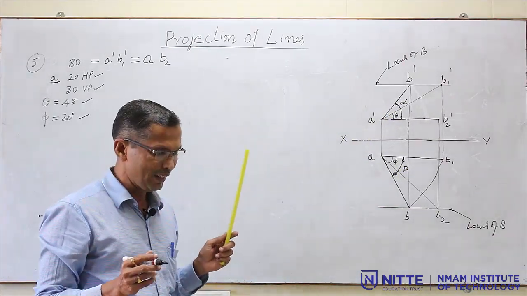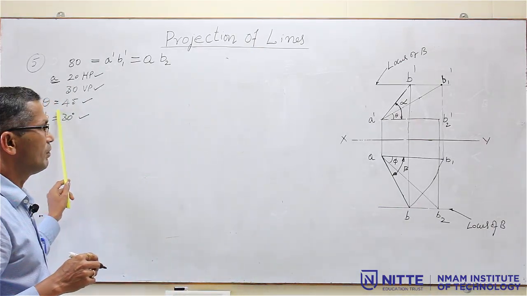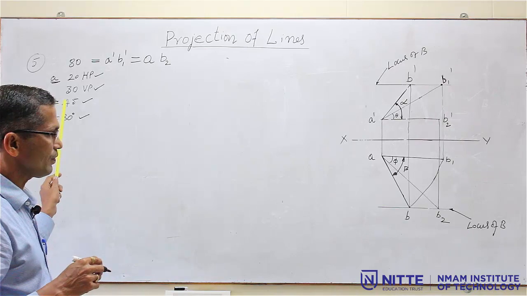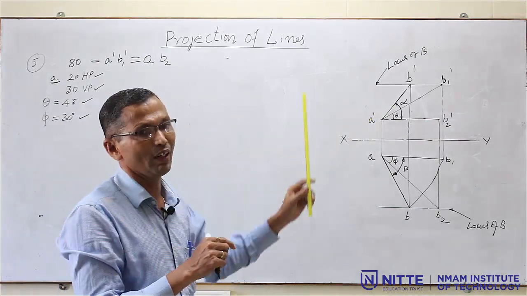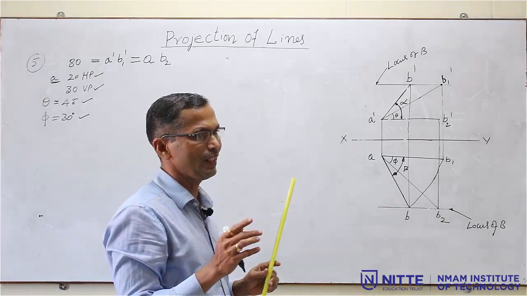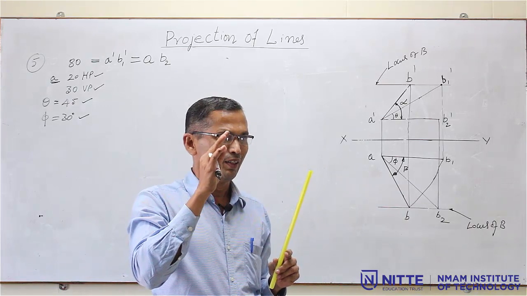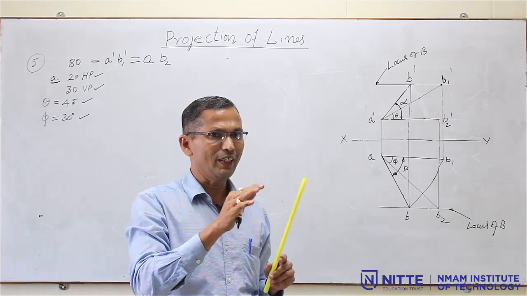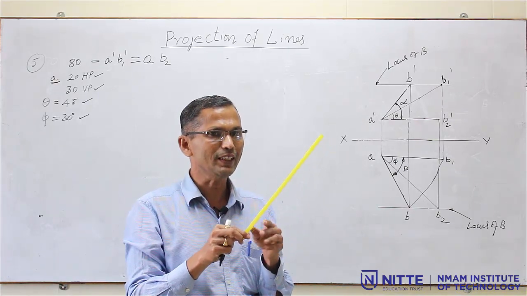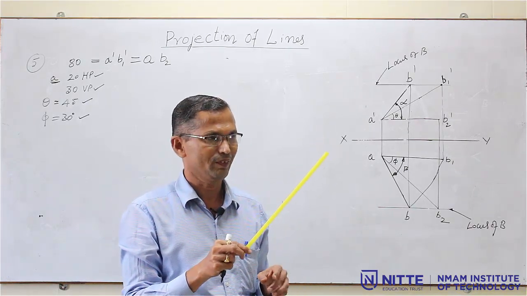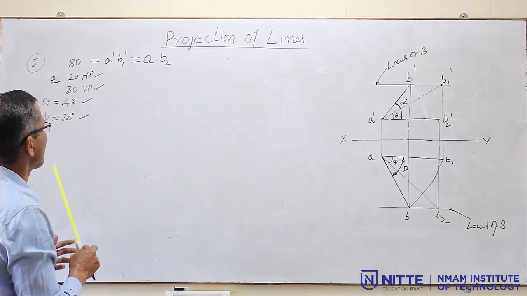When they say the line is inclined at an angle of 45 to HP, that is theta. If the top view is inclined at 30 degrees to HP, it is alpha. So, it is very important, make it very clear. Whenever the top view inclination or the front view inclination is given, it is alpha and beta. The line is inclined means it is theta and phi. So, here it is theta and phi, not the front view and top view.